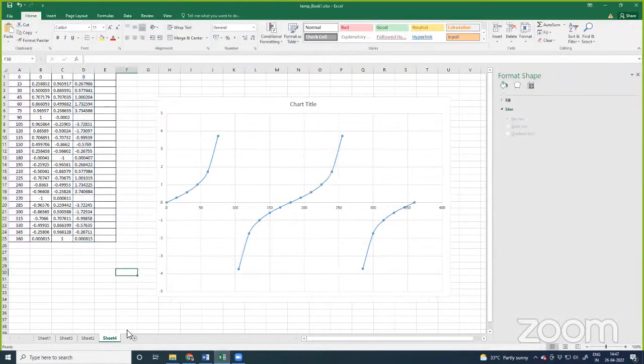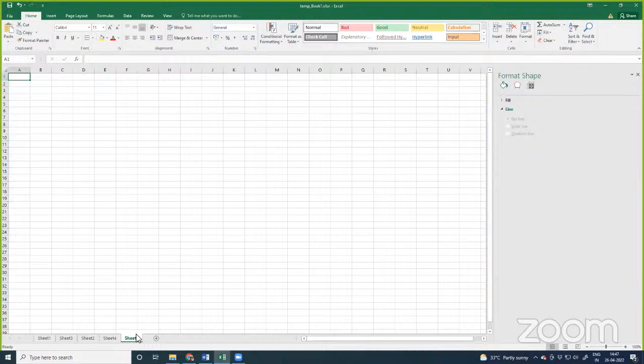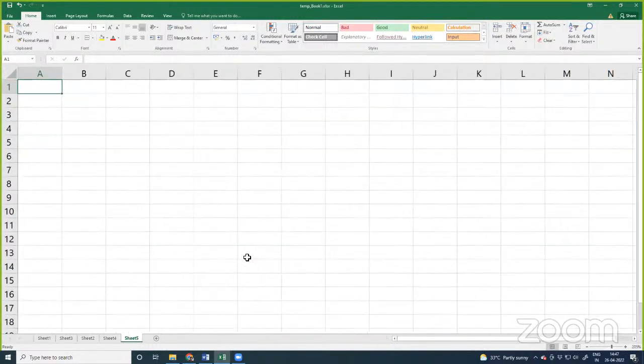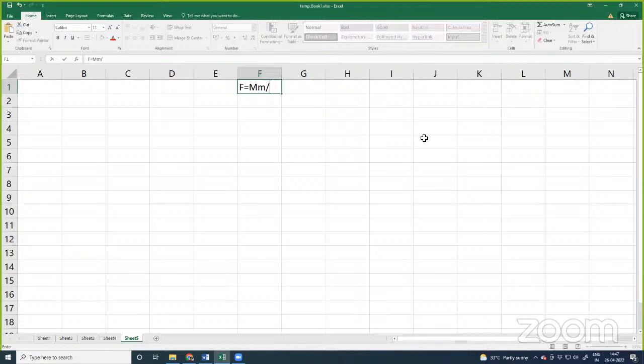I also mentioned the estimation of functions using mathematical tools. For example, the force due to gravity. I will write the expression: F, the force, is equal to G times capital M times small m over R square.